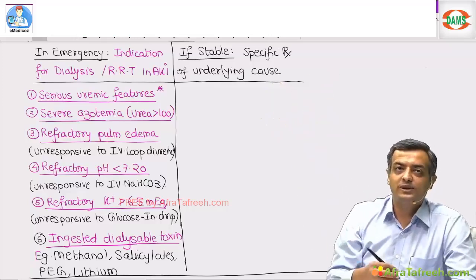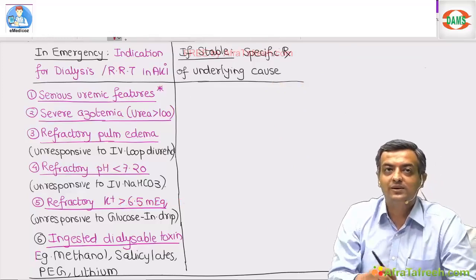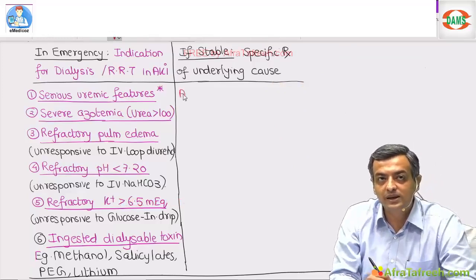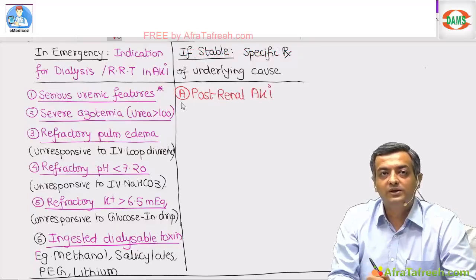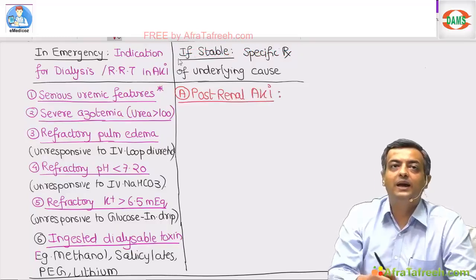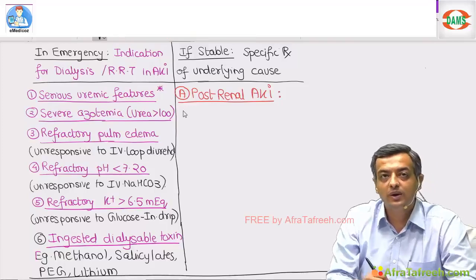So we approached the patient and reached the diagnosis. What was the diagnosis? A. The patient could be a case of post-renal AKI. What should you do?